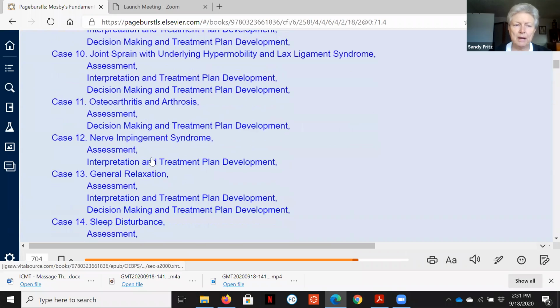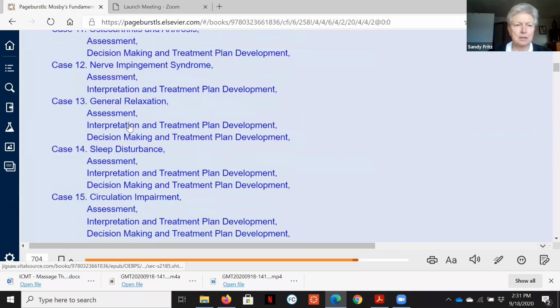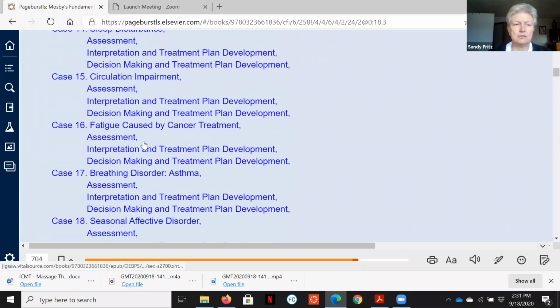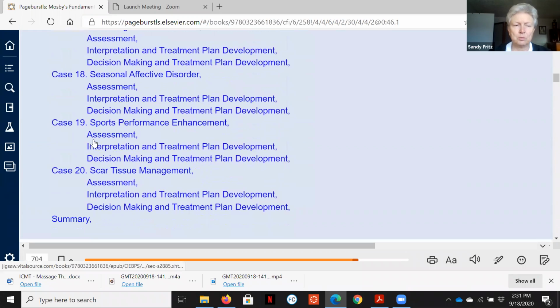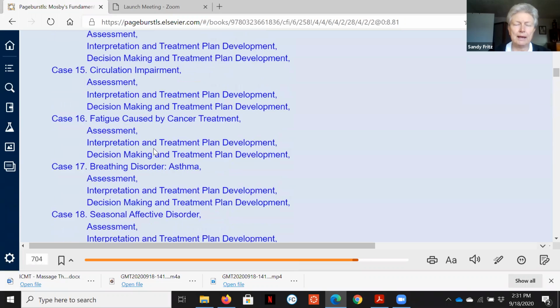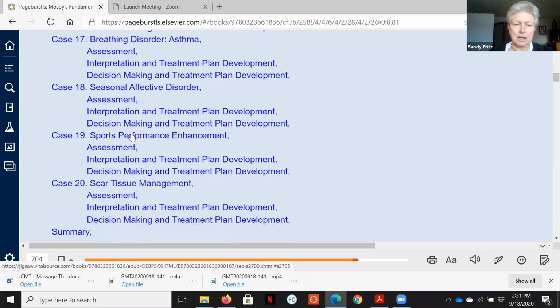So when you process through the stories in these 15 or 20 case studies, you're going to be able to have a thought process to model, not only for how you apply the information in this textbook, but for future reference once you get out of class.